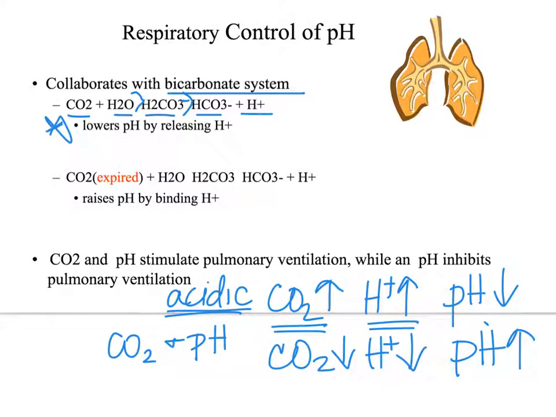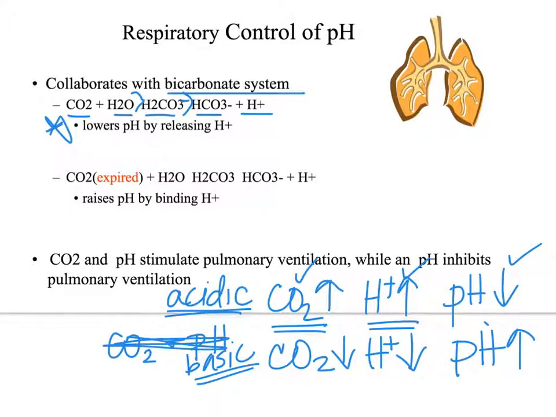This is important, if you're too basic. So there's a direct relationship between carbon dioxide, hydrogen ions, and pH. It's really important. They all go together.